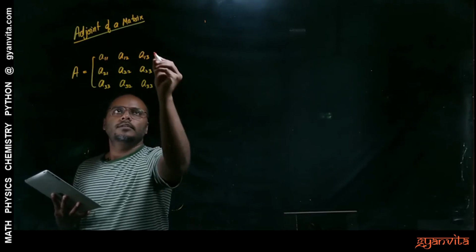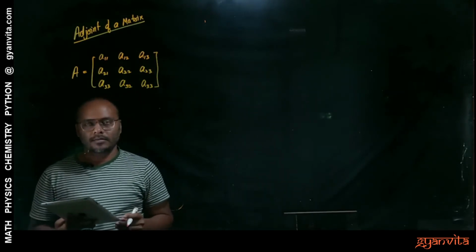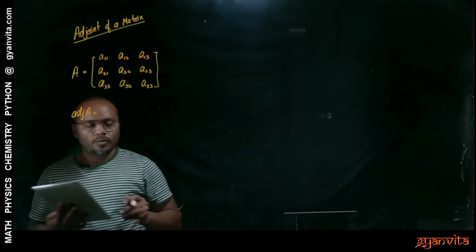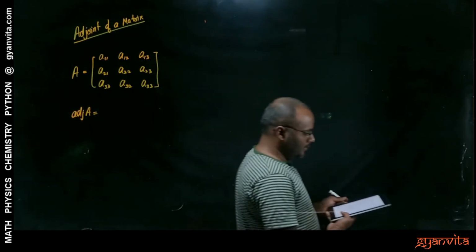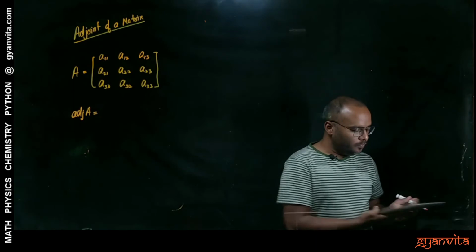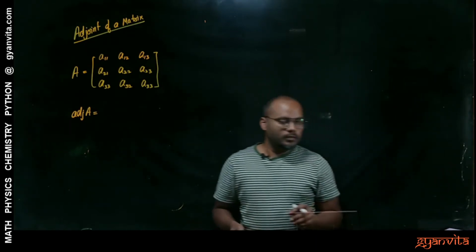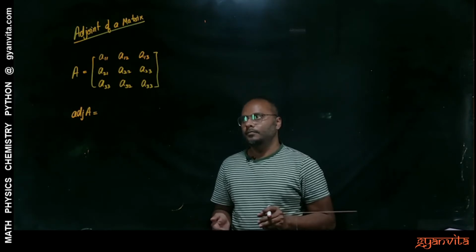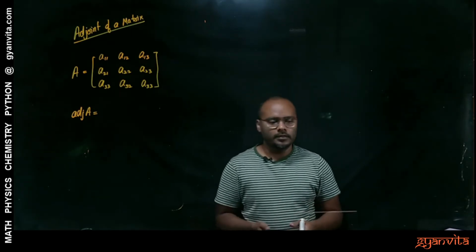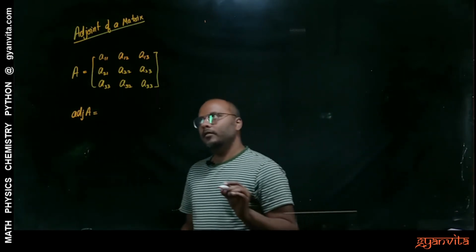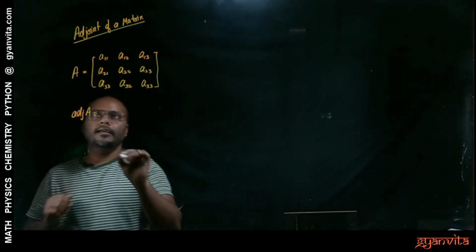So this is your matrix. Now what is adjoint of A? So adjoint of A is nothing but transpose of the cofactors matrix.